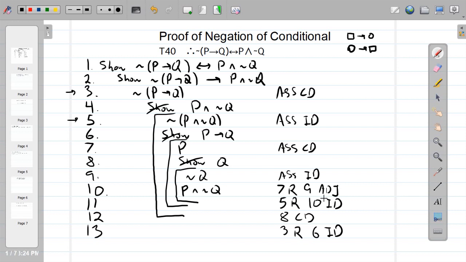Again, notice that I proved p and not q, not by getting something that contradicts p and not q directly. What I contradicted was something else that I already had. Okay, so now I've done my conditional derivation. So on line 4, I did a conditional derivation showing one half of the conditional.